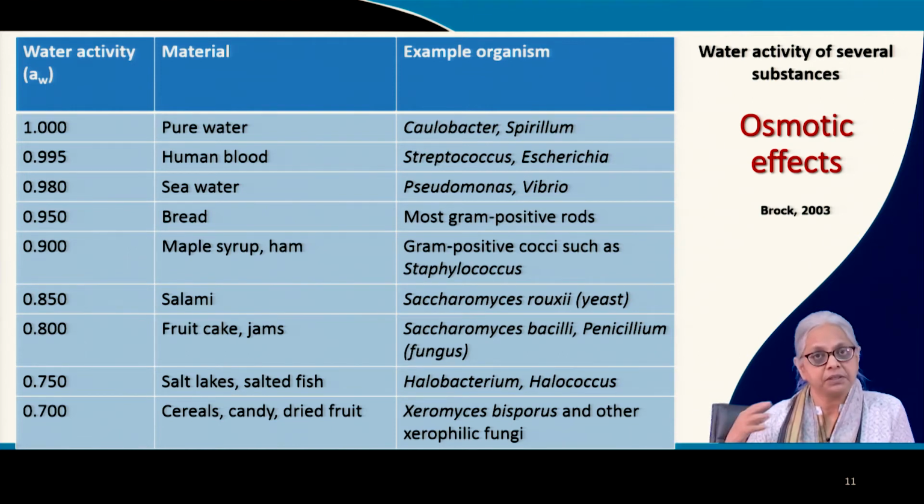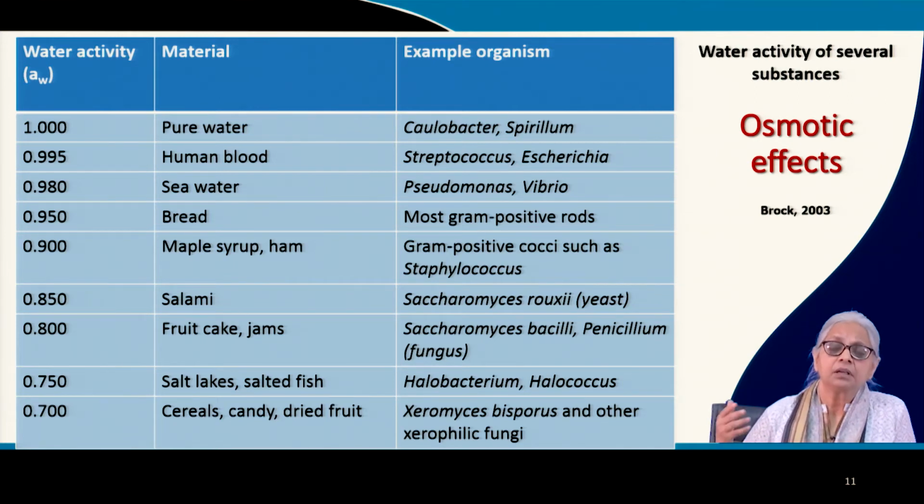I've used the word ionic strength in a previous lecture. Another parameter that is used in the textbook is water activity. This water activity can be compared relative to pure water. So there are certain organisms which can survive in pure water. In general, most organisms do not want to survive in pure water because they need the salts and minerals that are present in water.